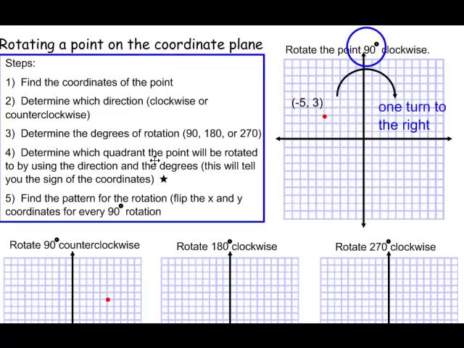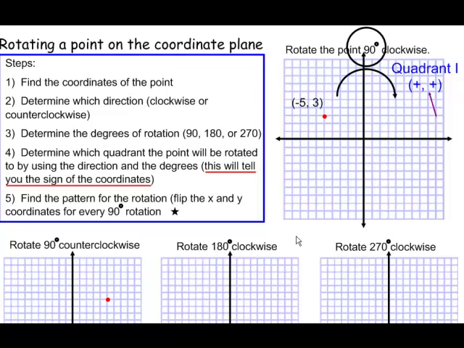Now, determine which quadrant that point will be rotated to by using the direction and the degrees. This will tell you the sign of the coordinates. So I'm going to this quadrant because it was 90 degrees to the right. We know then that our coordinates have to be positive, positive.